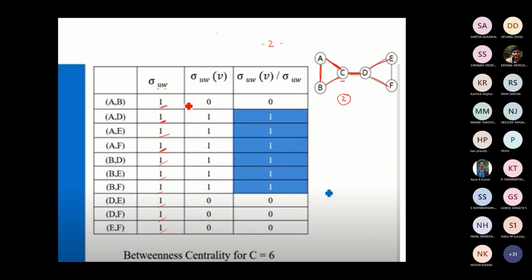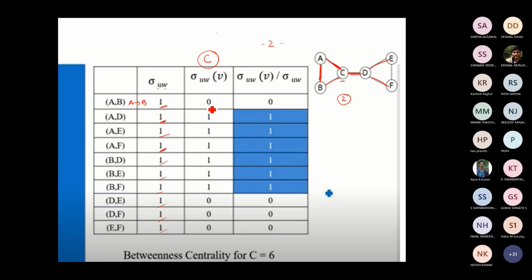Okay. Now the next thing is whether this shortest path is passing through our vertex C, because C is going to be the vertex of our interest now. Okay. So whether this shortest path A to B is passing through C. Okay, so here in this case, the path is going to be A to B directly.